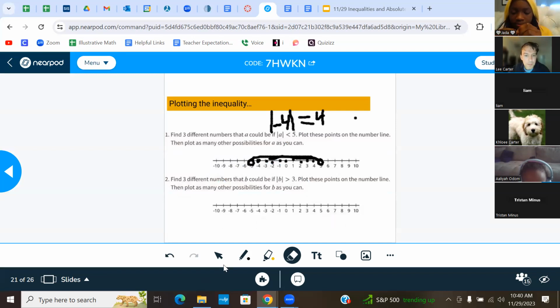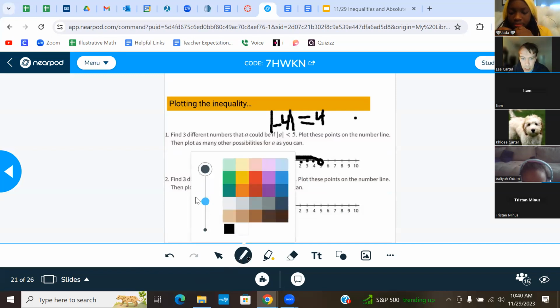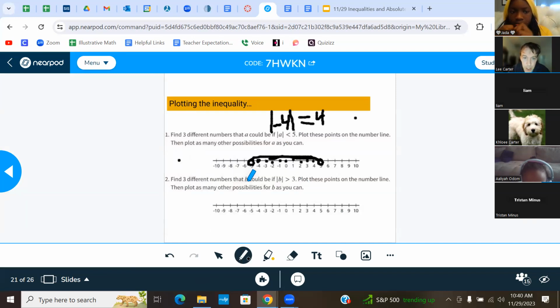Okay. Now, what that means for the second one here is this: the absolute value of B is greater than 3. So that means, as I saw people marking, yeah, it could be 4, 5, 6, 7, 8, 9, 10, right? Yes. However, it can't be 3 right here. It could be anywhere over here, right?